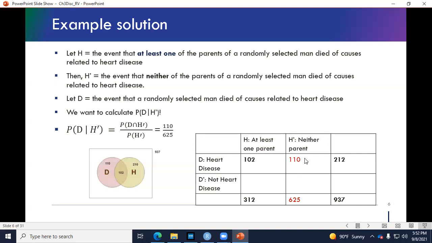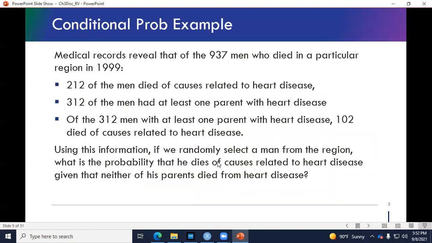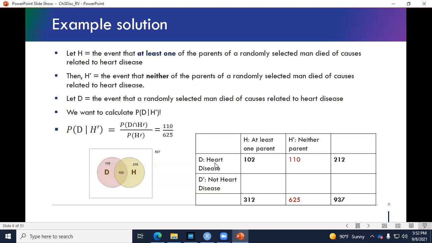Also, we know this many people died of causes related to heart disease directly. So that is our D. We write it here, and this total is the sum of these two cells. We write this one first.